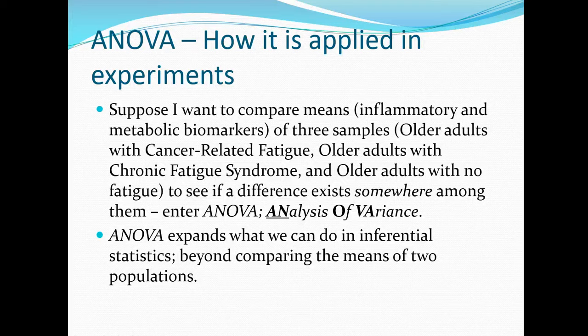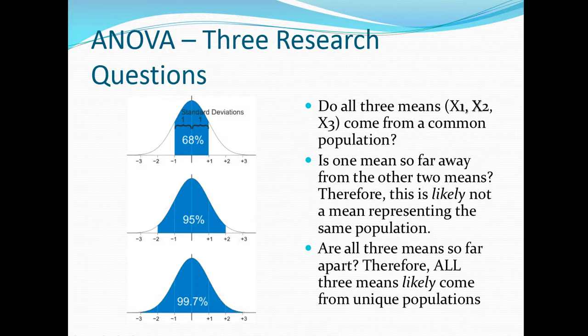ANOVA expands what we can do in inferential statistics. It can go beyond comparing the means of two populations, and it can even examine the interaction of your grouping variables and the subgroups within that grouping variable.